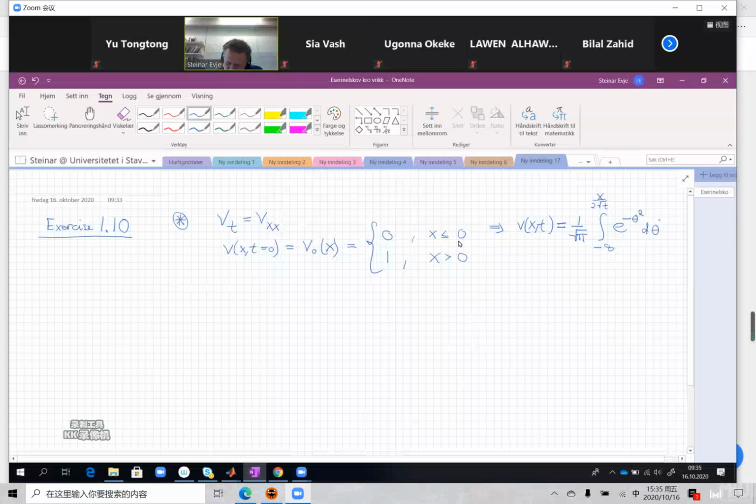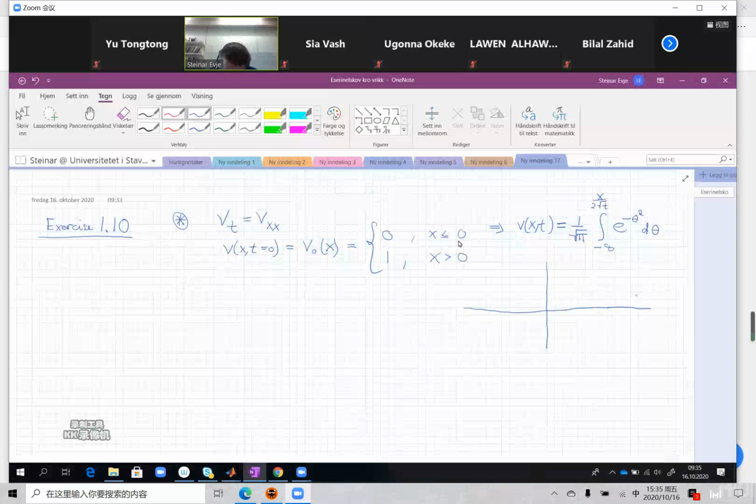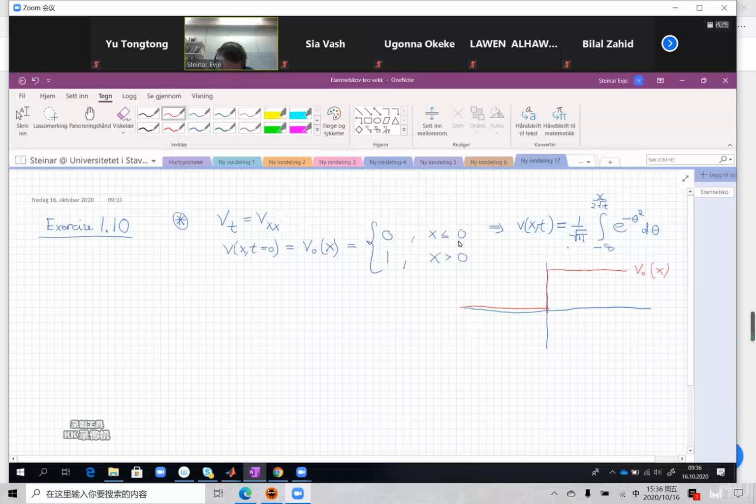I also plotted the solution in the lecture, and we saw how this initial jump, after some time, looked more like this.